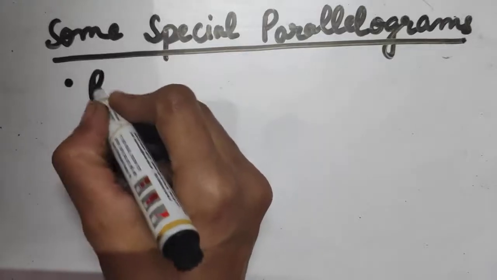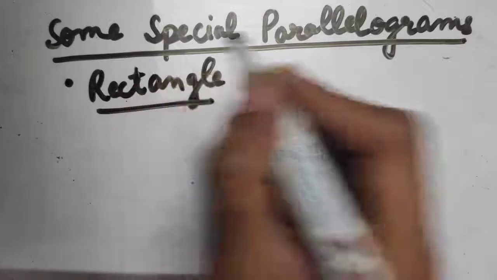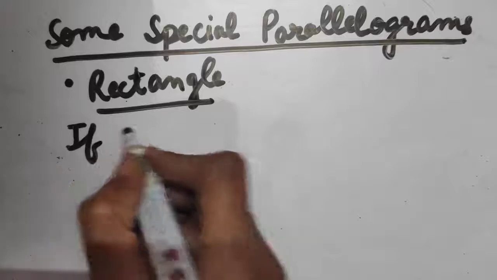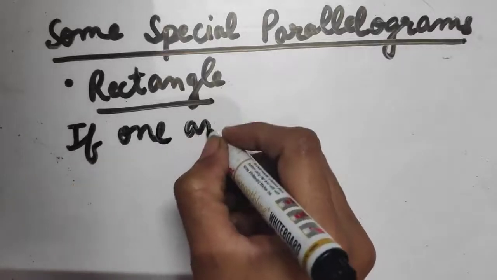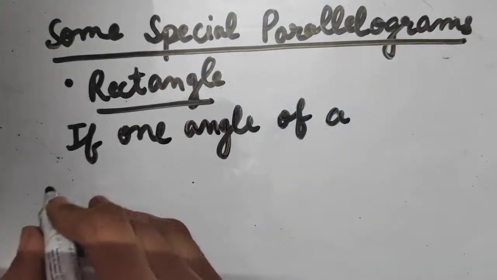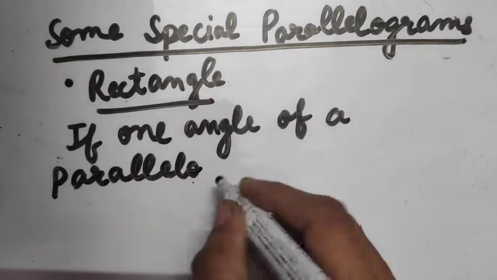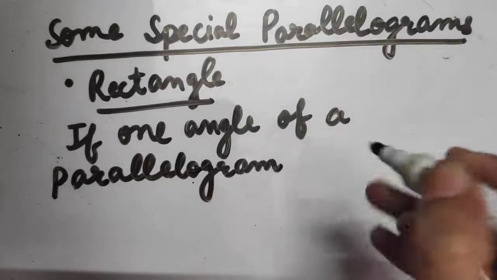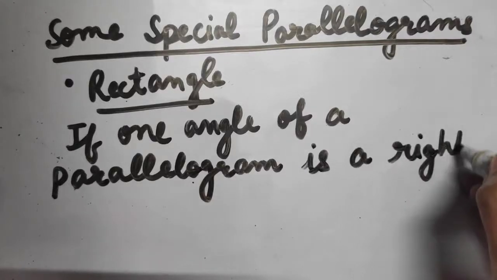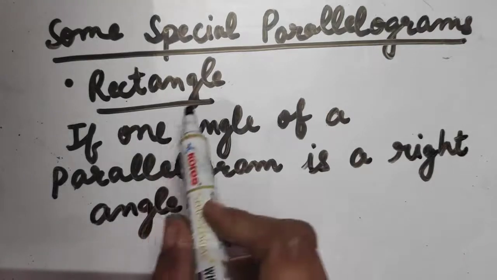Firstly, we shall discuss about rectangle. So firstly, we should know what is a rectangle. If one angle of a parallelogram is a right angle, then it is called a rectangle.